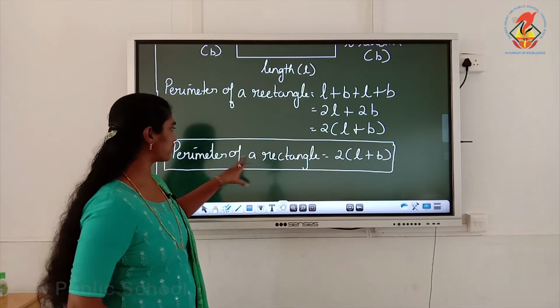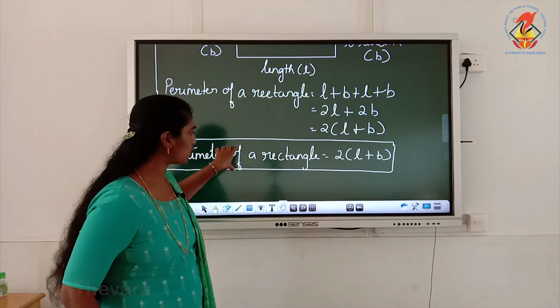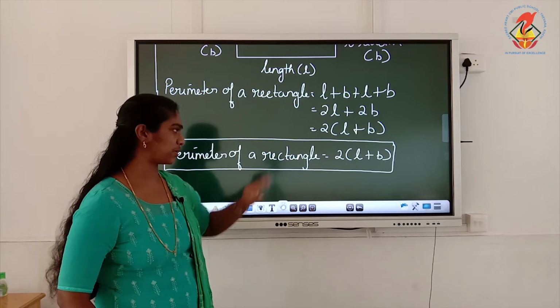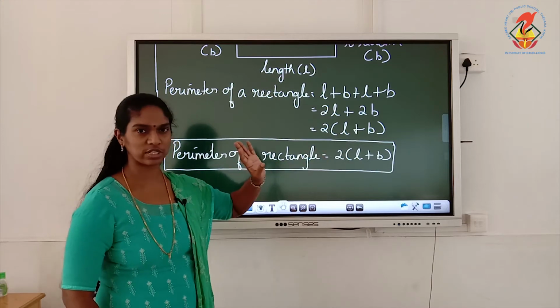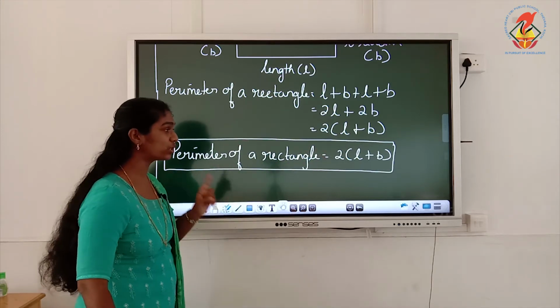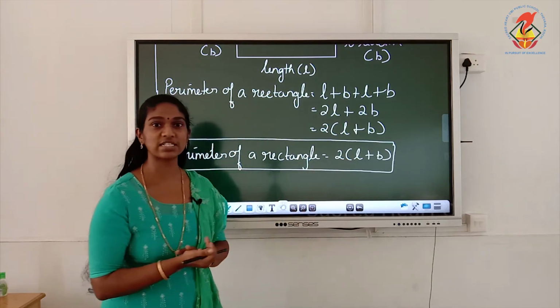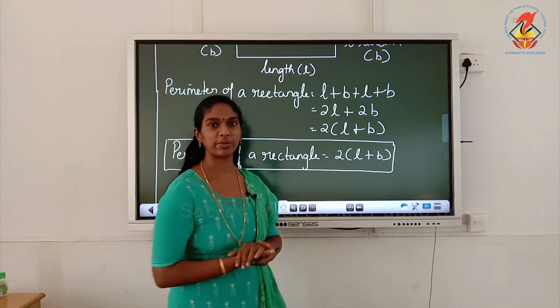This is just to show you how we are getting this formula. This is very important, this is what you have to study: perimeter of rectangle equals 2 times L plus B. The 2 outside the bracket means you are multiplying the answer by 2. First you will add length and breadth, then multiply that answer by 2.